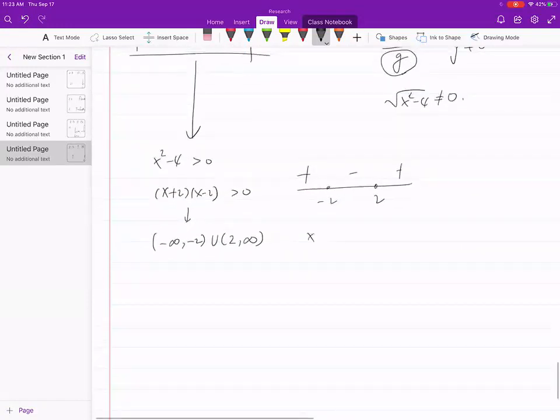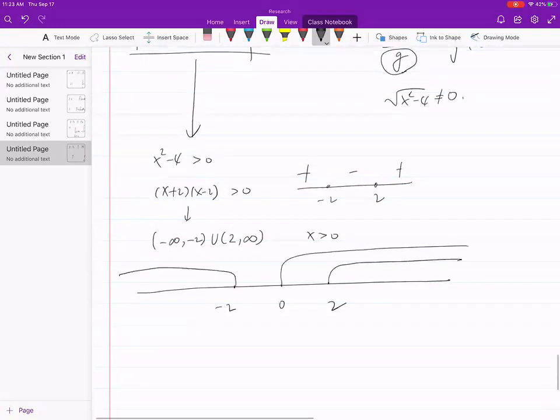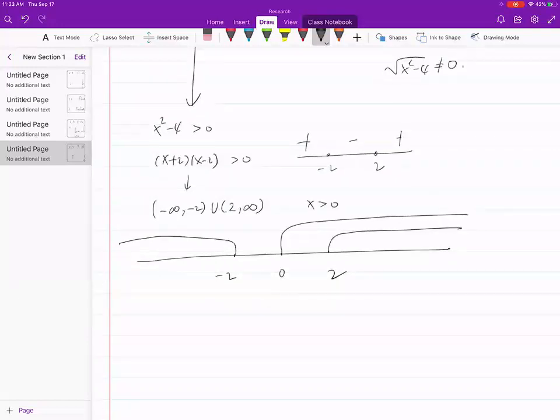Combine with x bigger than 0. Now we have this. Bigger than 2, less than -2, bigger than 0, and you want the intersection, you can see it's going to be this part.